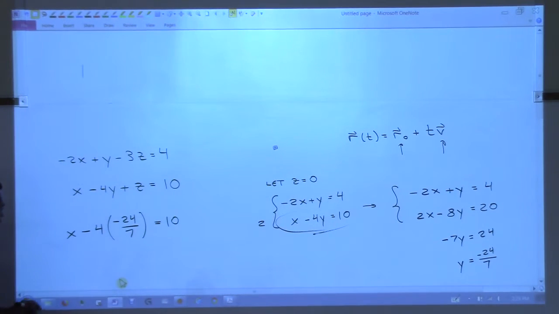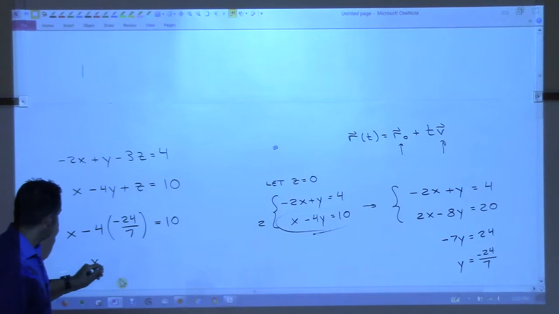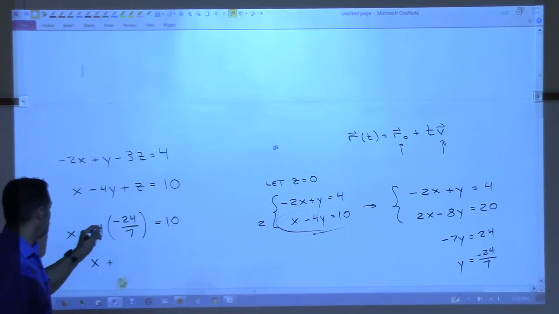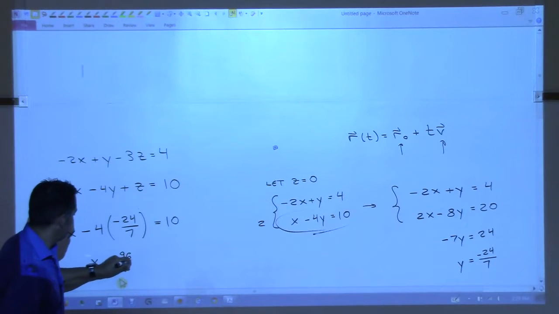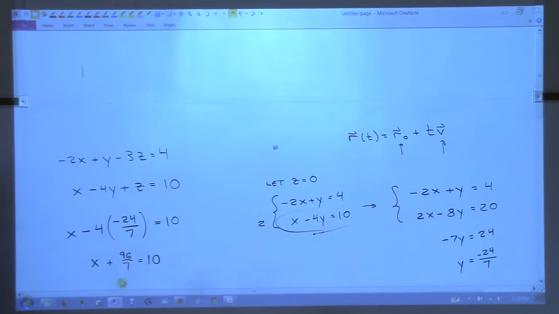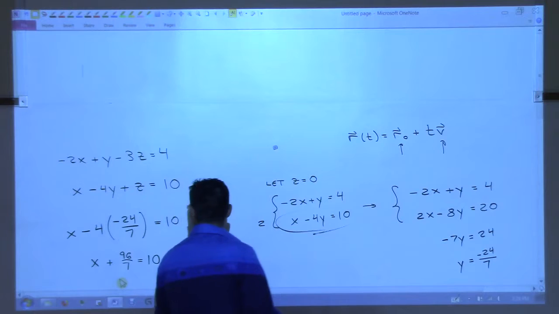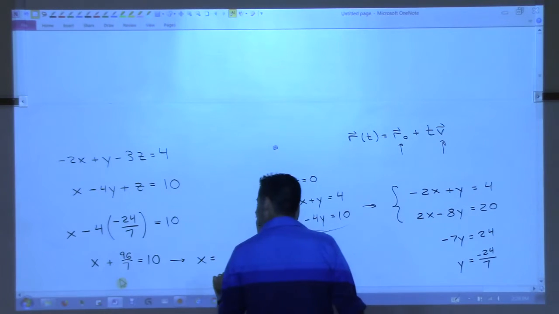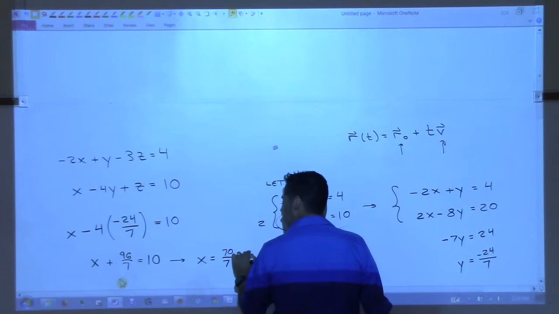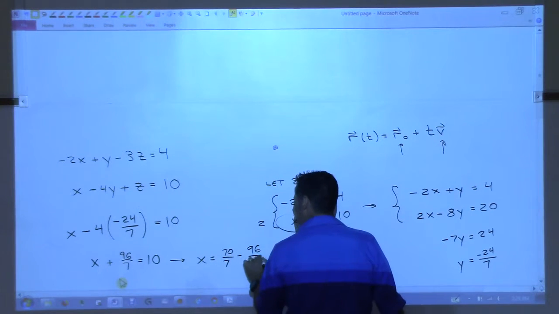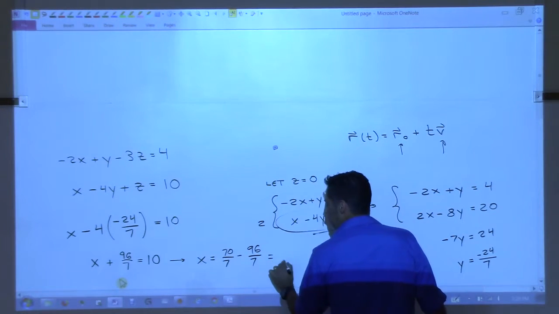My numbers aren't going to be very pretty here, but x plus 96/7 equals 10, and then finally I'll subtract 96/7 from both sides. That gives me x is equal to 70/7 minus 96/7. So we've got a common denominator. What do we got?